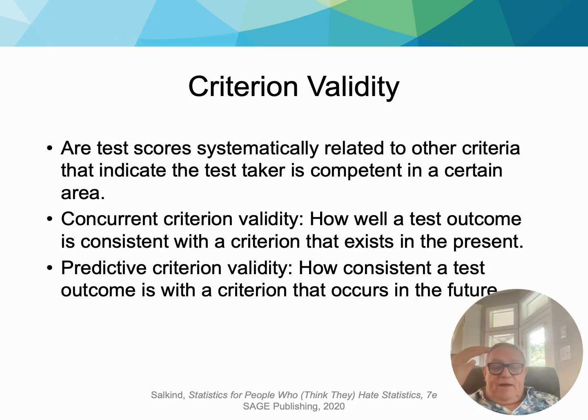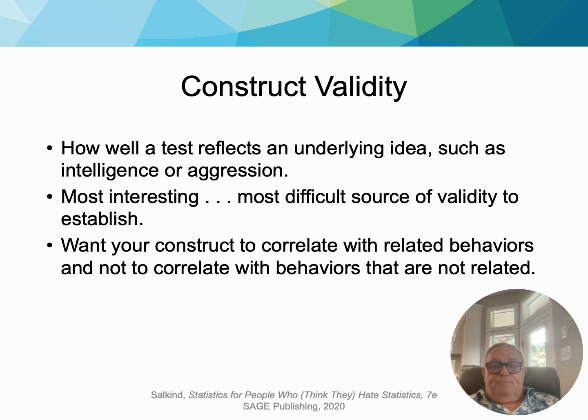So let's say you take the SAT or ACT and you finish high school and it's supposed to predict how well you're going to do in college. Well, it can predict some things, but it doesn't predict motivation or getting up out of bed and going to class or even going to bed on time. So there's a number of things that we need to think about when we're doing that predictive criterion.